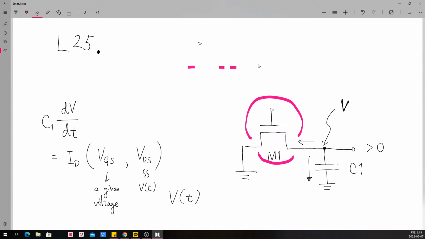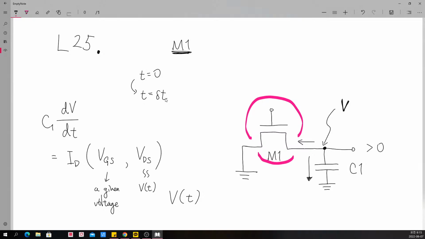Once we know this, let's assume that you have just the capability to simulate the performance of the M1 transistor only. Then what you have to do is first start from time equal to 0 and calculate the current ID of your transistor, and after that assume what will happen after a small time difference has passed.